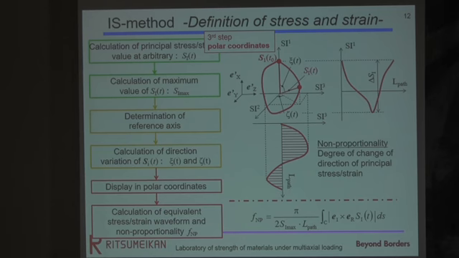This non-proportionality is the degree of change of direction of principal stress and strain. And this non-proportionality FNP is calculated by this equation. This non-proportionality means the integral of this loading path.